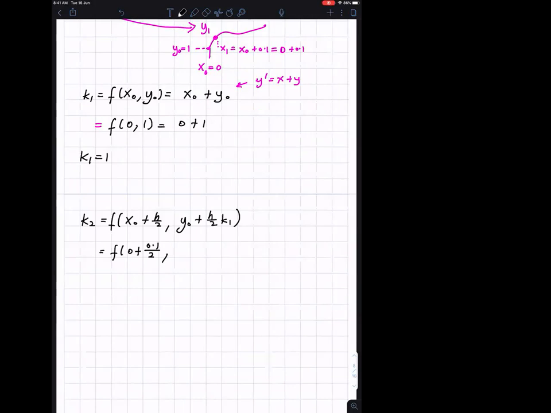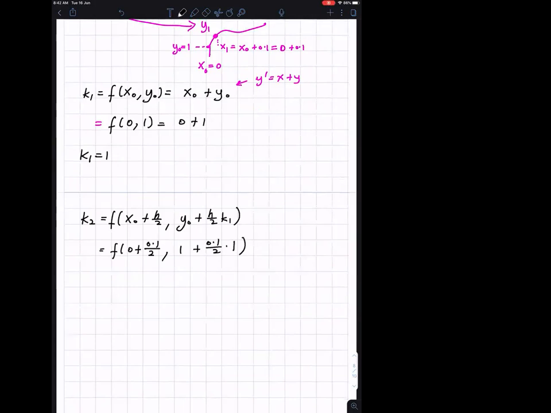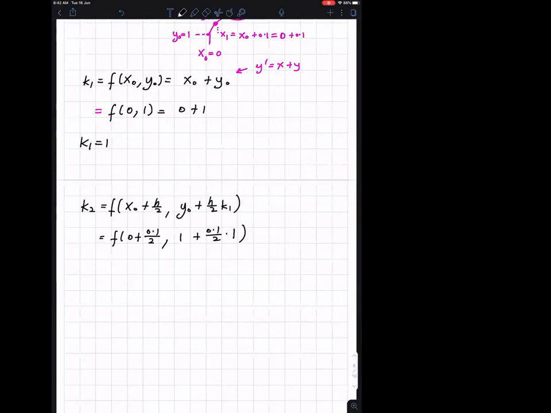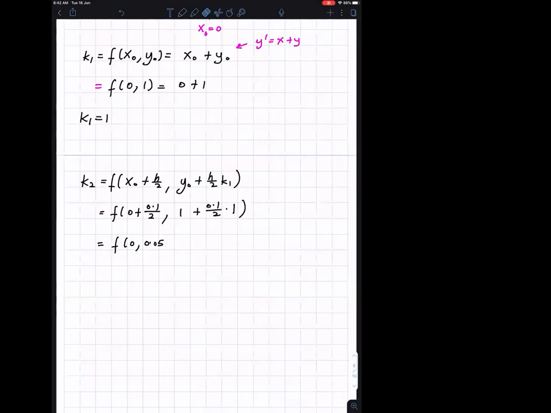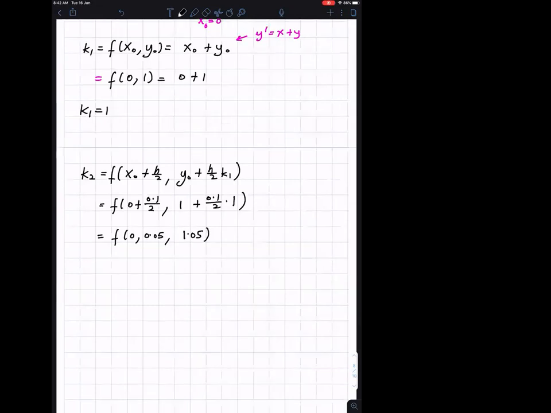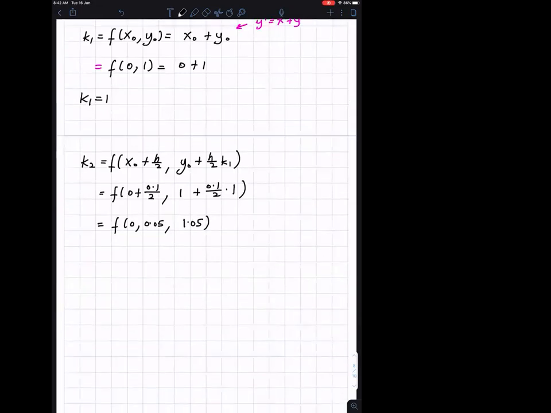Y0 is 1 plus the step size divided by 2, and K1 was calculated to be 1. 0.05. 1 plus 0.5 divided by 2 is 1.05. Okay, so you plug that into the differential equation.